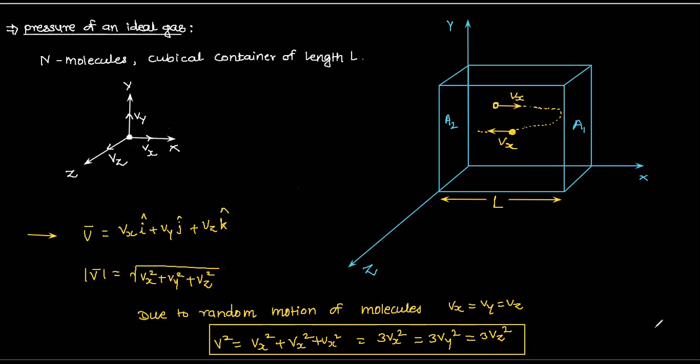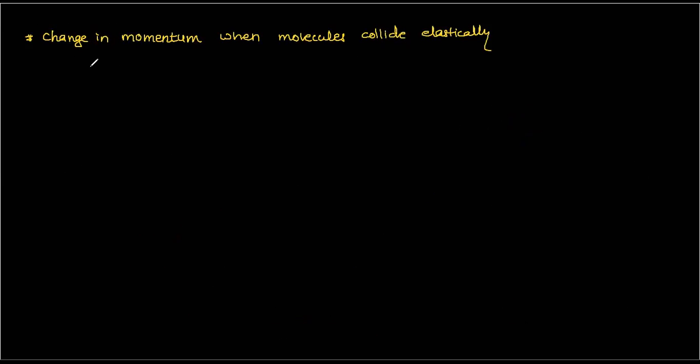So if I want to find the change in momentum, delta P is equal to minus mVx minus mVx, so that is equal to minus 2 mVx. Why? You know delta P is equal to mv minus mu.